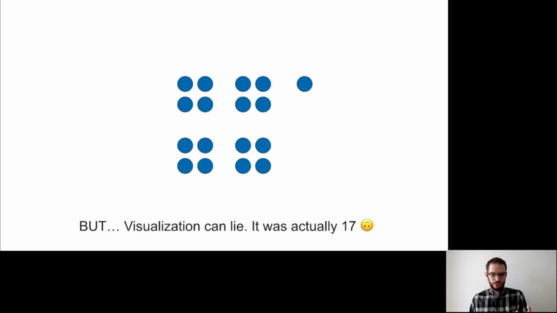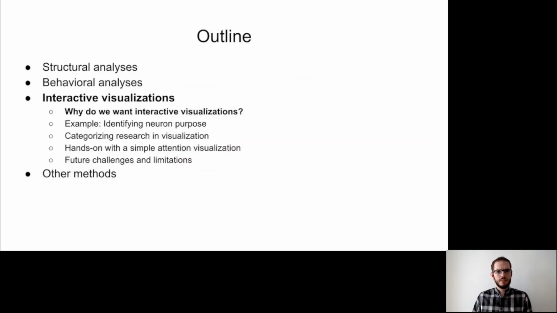So visualization can lie, and I'm also going to talk a little bit about the shortcomings and the limitations of what visualization can do and cannot do. The outline for this section is as follows. First, I'm going to further motivate why we want interactive visualizations as part of our NLP analysis pipeline. Then I'm going to walk you through an example where we want to identify the purpose that individual neurons or groups of individual neurons have within a deep neural network.